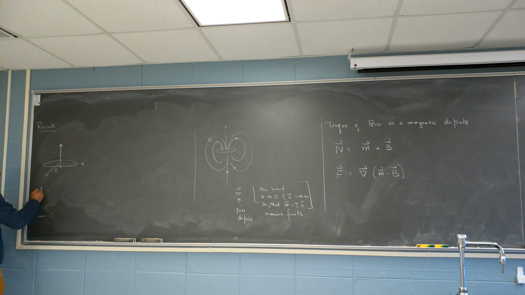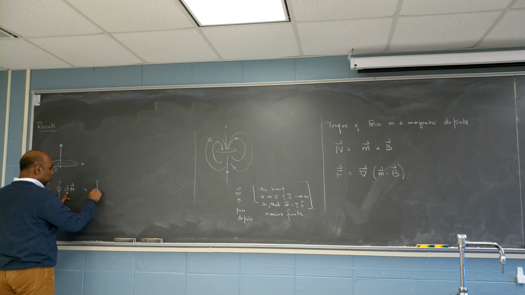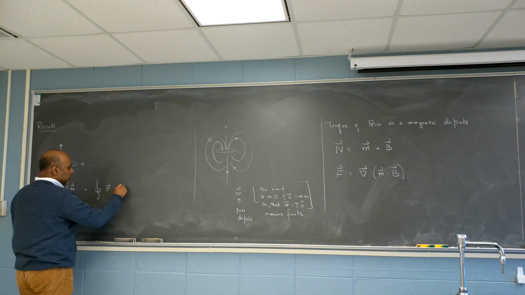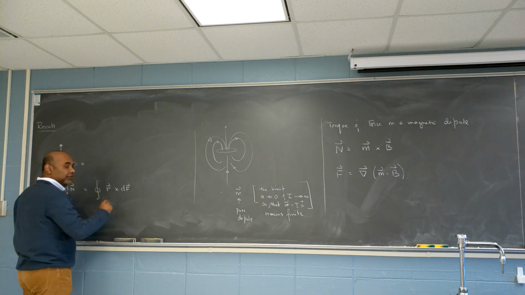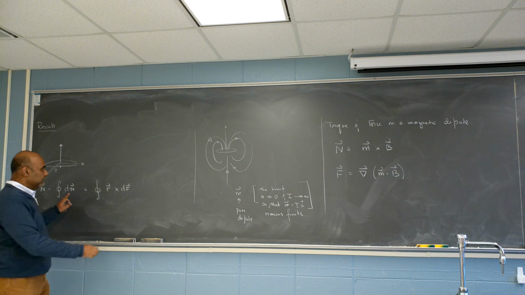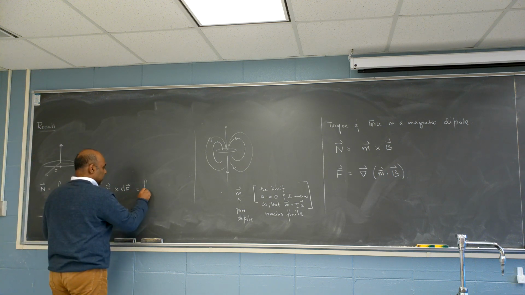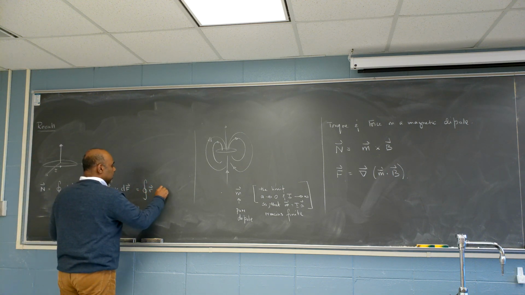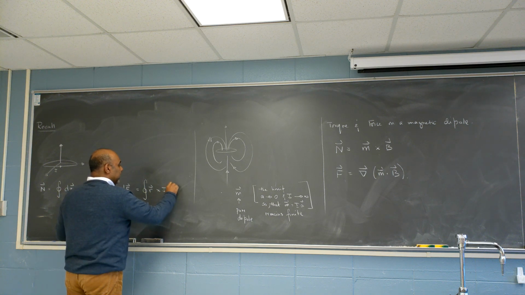And torque, well, this is a loop, so I have to sum over the small torques, dN. But now, what is torque? It's R cross F, right? So it's R cross dF. And that is R cross I dl cross B.